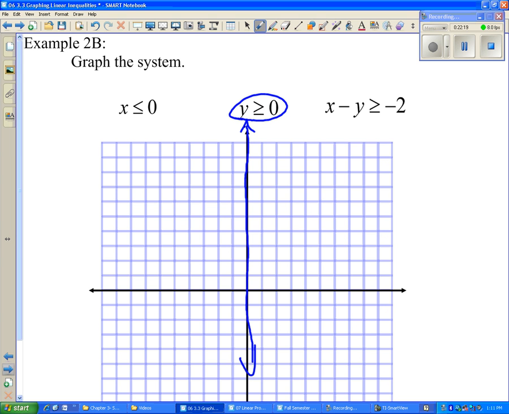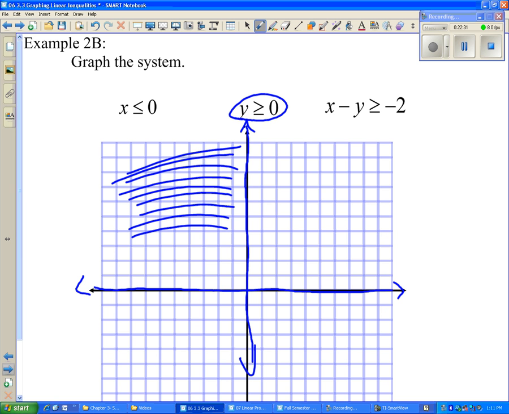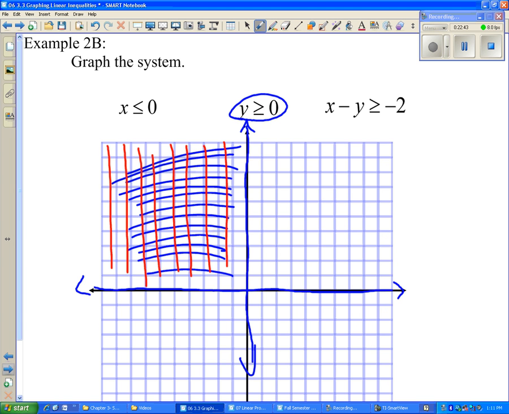Y greater than or equal to 0 tells me I still want lines that are greater than my x-axis. So I want things to the left of the y-axis and above my x-axis. So I notice that this is going to be in quadrant 2.